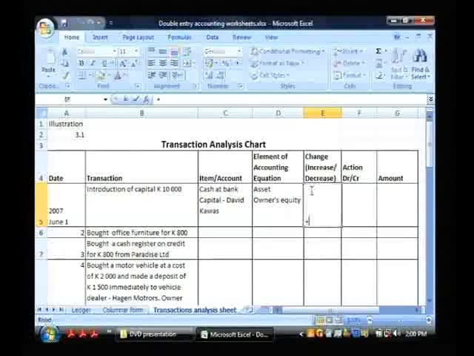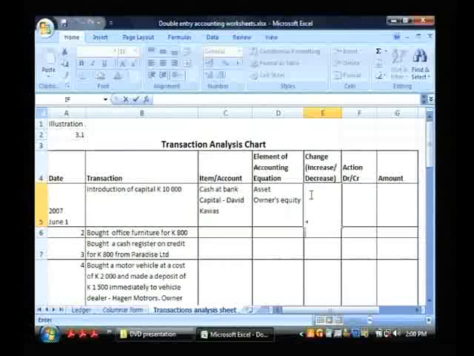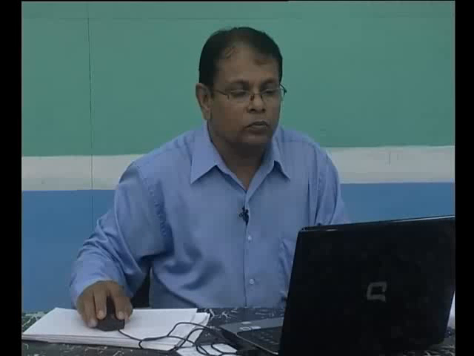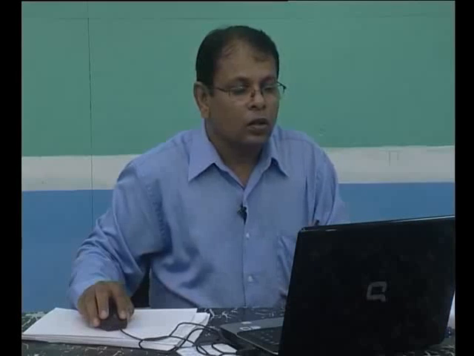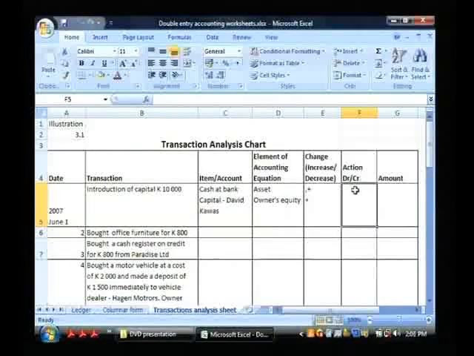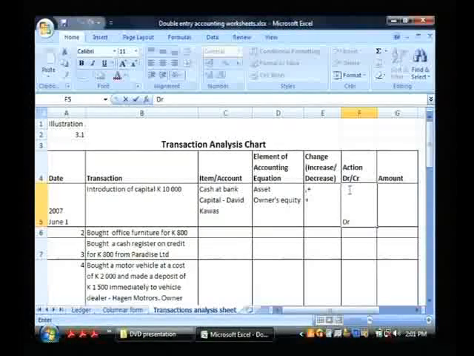Therefore, we put a plus mark here, and owner's equity also increases. So both increase. Increase of asset, the action is debit, and increase of capital, the action is credit.